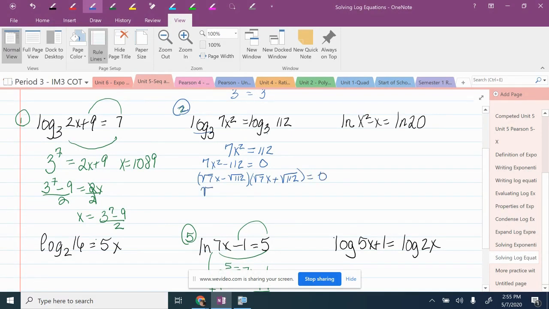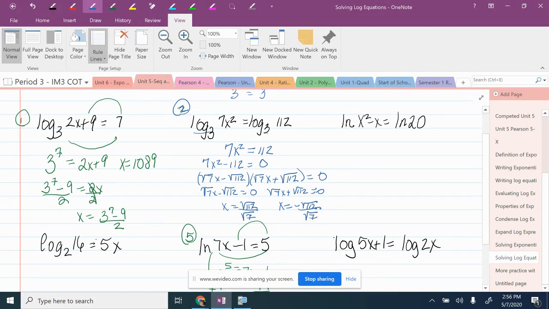And then I will use my zero product property. And then I'll solve for x. So x would be the square root of 112 divided by the square root of 7, and x equals negative, or the opposite of, the square root of 112 divided by the square root of 7.